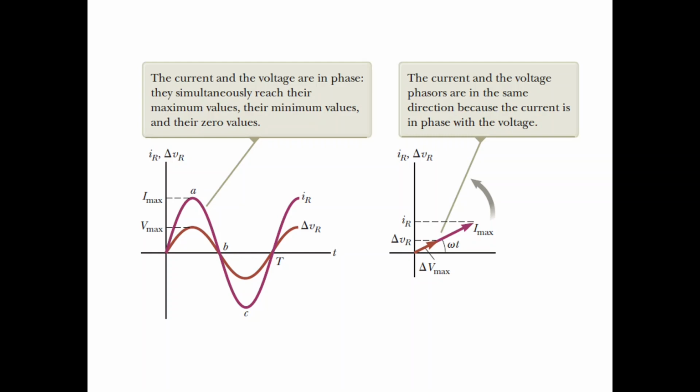It's a sinusoidal function, so we have voltage change over the active resistor and current change. As you see, they are in phase, so they reach zero at the same time, and maximum values also at the same moment of time.